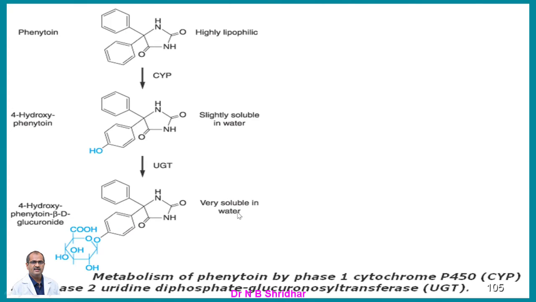This one is very water soluble, and this metabolite gets out of the body through urine. Many drugs, especially lipophilic drugs, undergo both phase 1 and phase 2 reactions. So phenytoin in the presence of CYP enzymes is converted to 4-hydroxyphenytoin, then in the presence of UGT it is converted to 4-hydroxyphenytoin beta-D-glucuronide, which is highly hydrophilic in nature and gets excreted through the kidney.